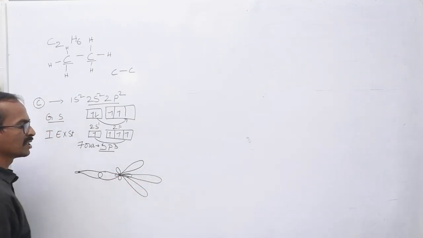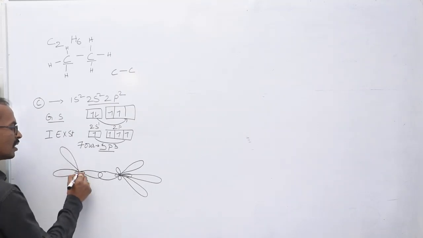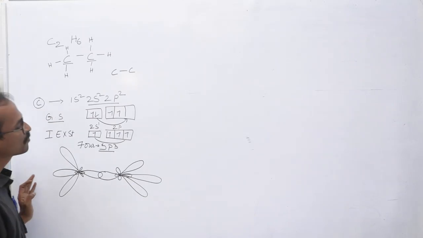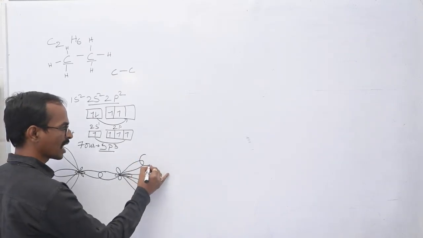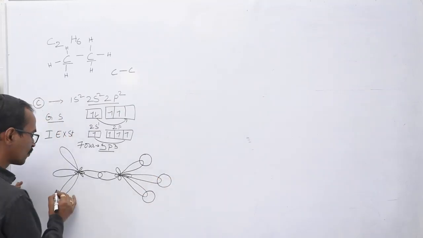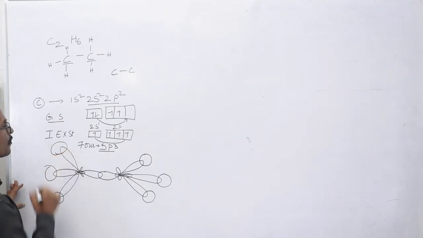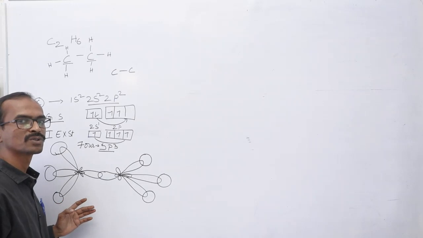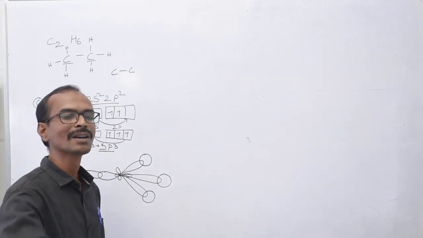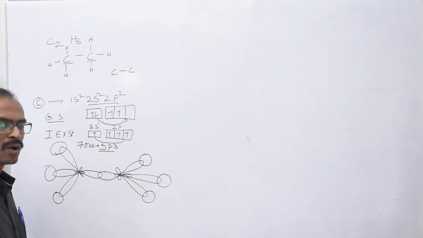These are the 3 sp3 hybrid orbitals on this carbon atom, and in the same way, these are the 3 sp3 hybrid orbitals on this carbon atom. The sp3 hybrid orbital of the carbon atom overlaps with the s orbital of hydrogen to form 6 carbon-hydrogen sigma bonds. That means 3 carbon-hydrogen sigma bonds on each carbon atom. This is the formation of the ethane molecule.